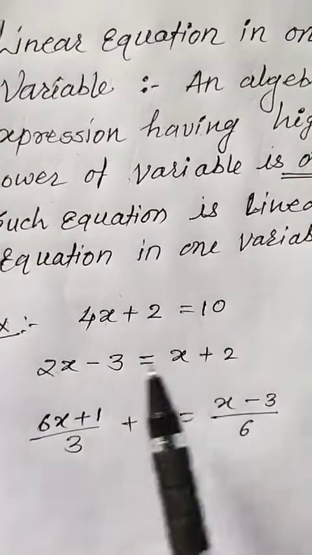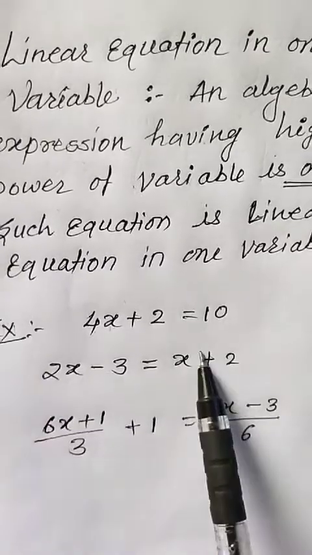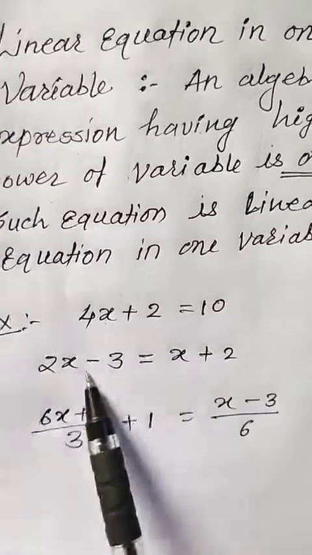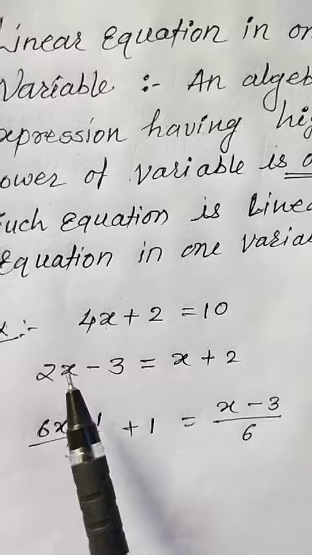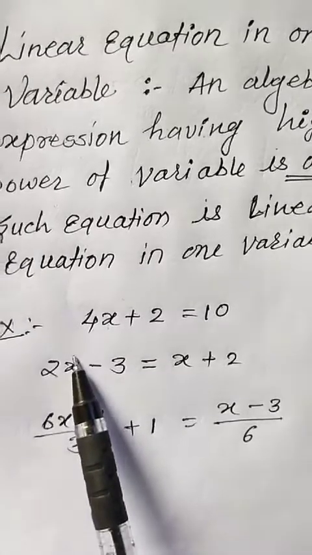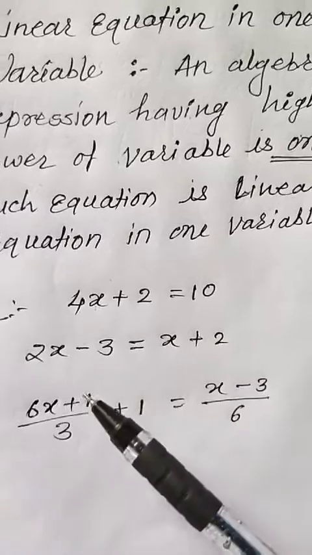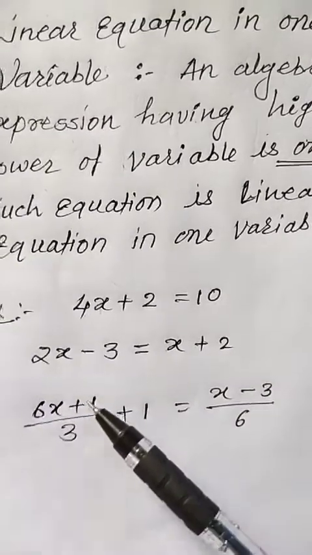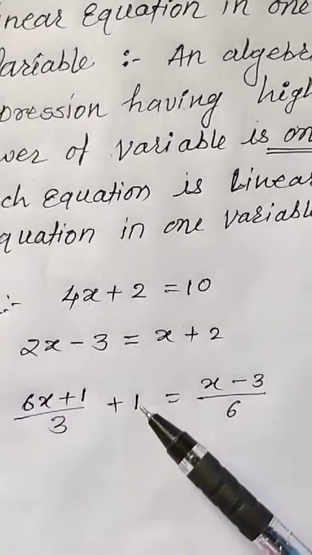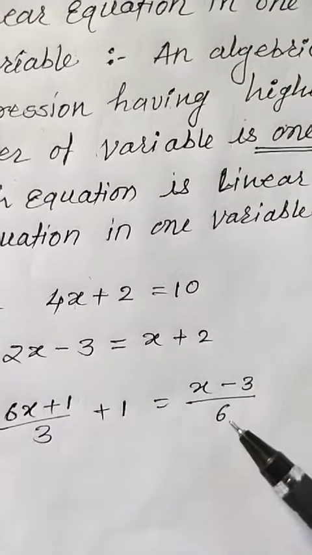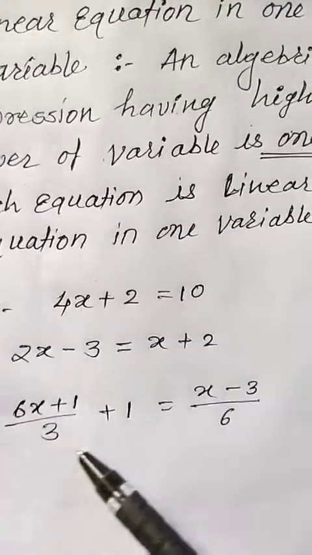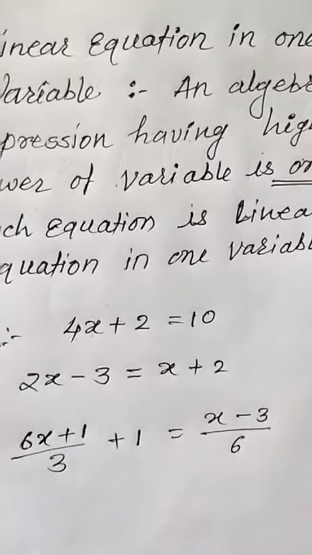It contains the variable x, but on both sides of the equal sign, and the power of the variable is again only 1. The third example is 6x plus 1 by 3 plus 1 equals x minus 3 by 6.